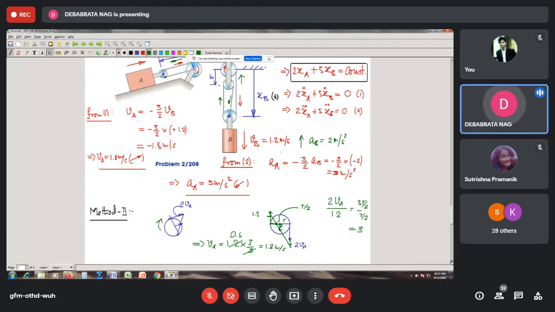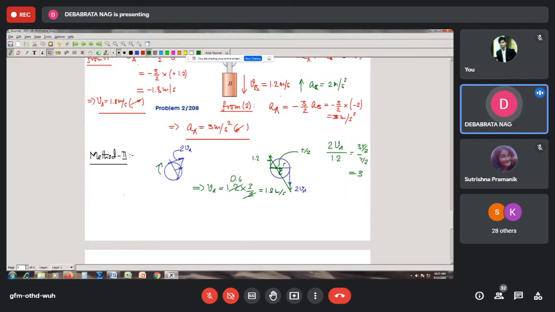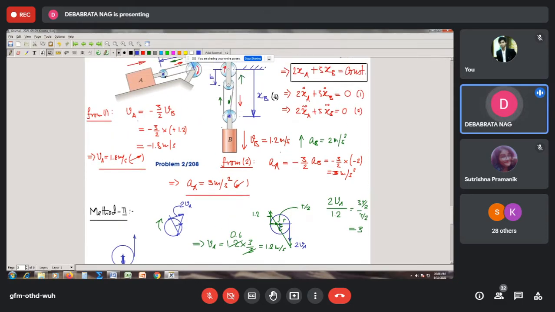So if you try to draw the corresponding figure for this pulley, you just note that this one is going to be in the upward direction, because we have assumed it is going upward, and this one is going in the downward direction. I know this sense because it is given that this block has a downward velocity.